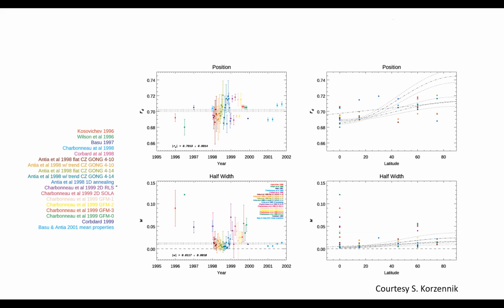Well, the issue with the way you measure the base of the convection zone is that there's effectively a cumulative effect in sound speed as you integrate further down. There's no equivalent to that in dynamics.